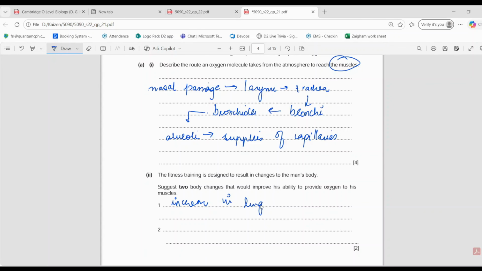Let's write this first. And then second should be cardiac muscle would be stronger or would pump more blood.